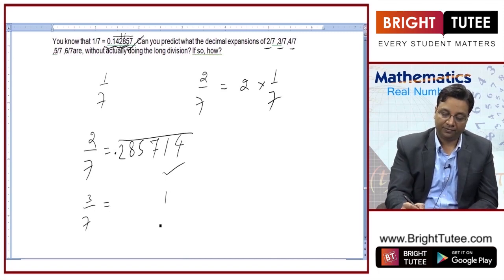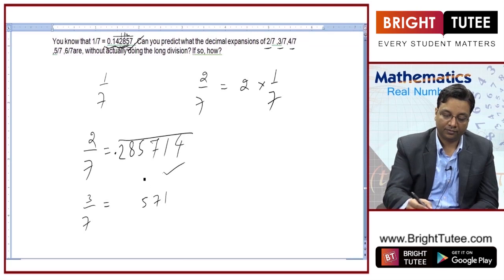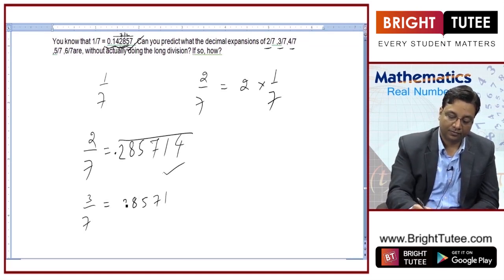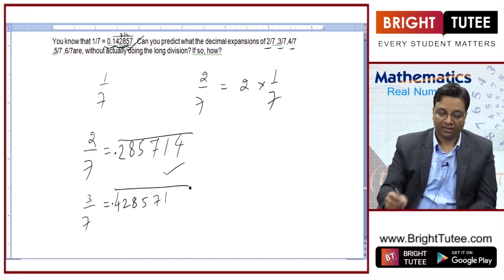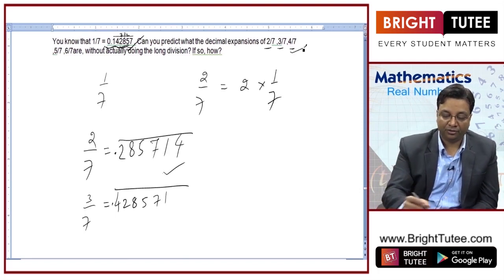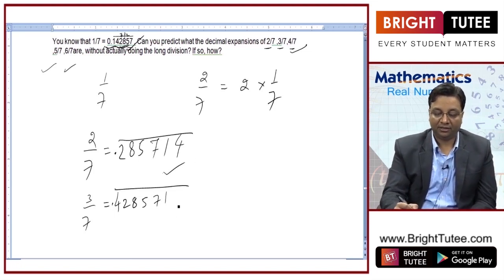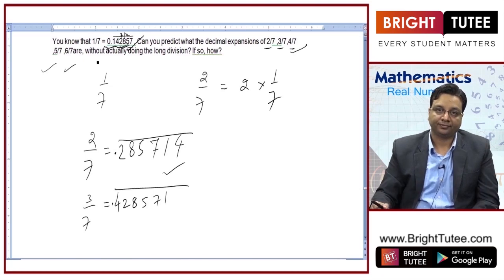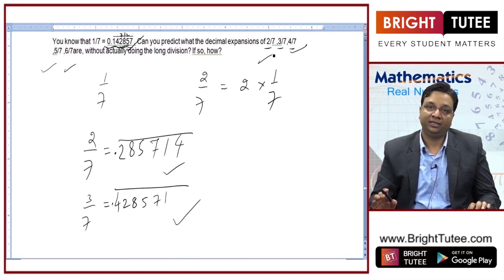So, this will be 0.428571. Similarly, you can find 4 by 7, 5 by 7, 6 by 7, etc. Right? You keep on multiplying these numbers and you will find the answer. So, this is how you can find these numbers without actually performing the long division.